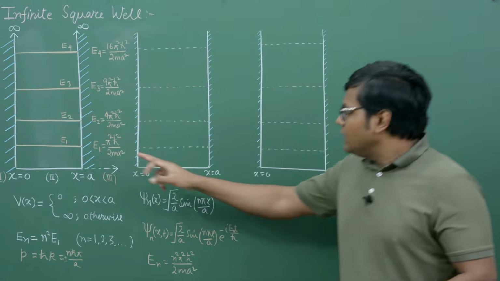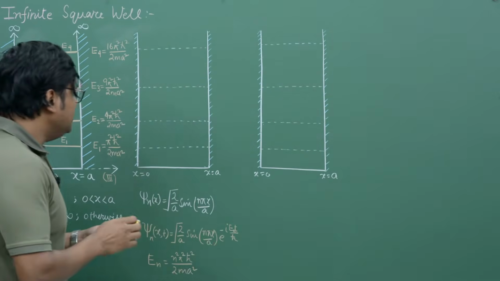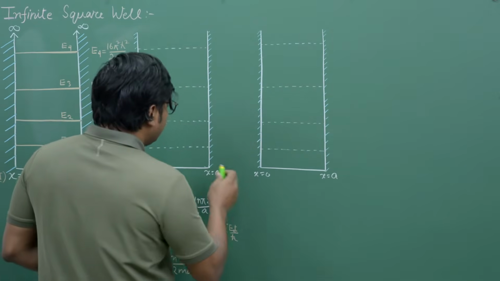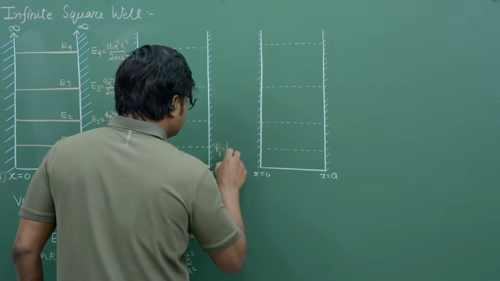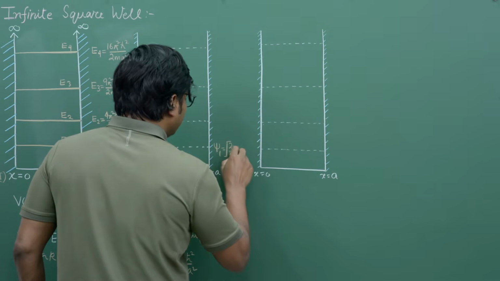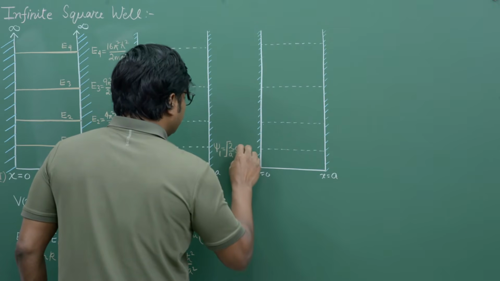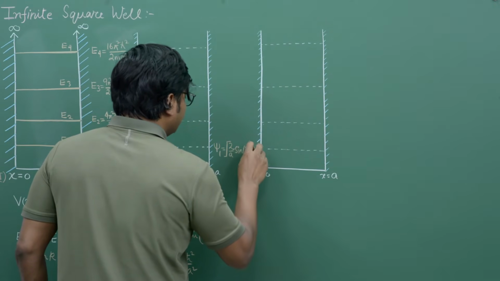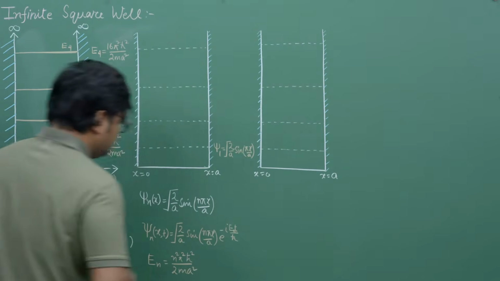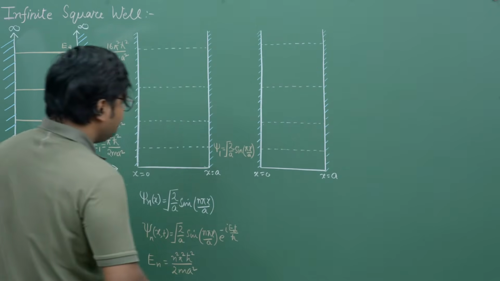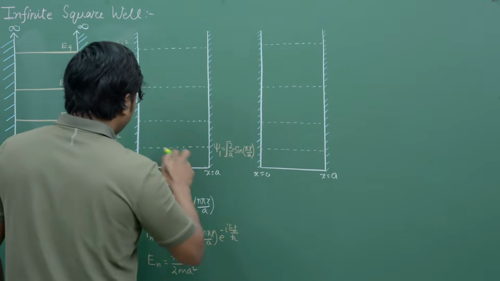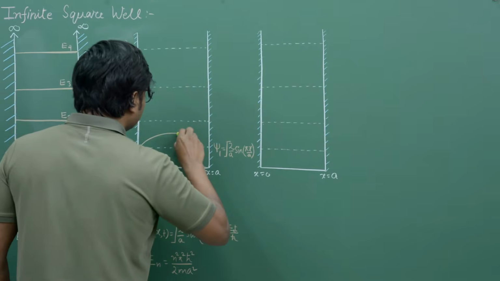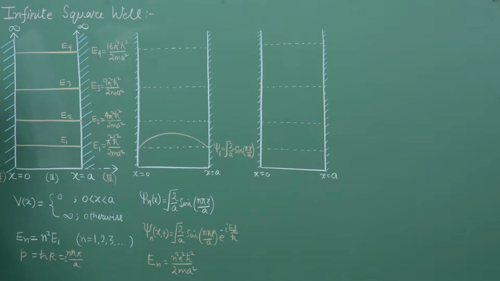So for a particle existing in energy level E1, it will have an eigenfunction psi 1, which is root over 2 upon a sine pi x upon a, right? n is equal to 1 in this case. So how does it look? Well, a wave function like that between x is equal to 0 and x is equal to a will look something like this. Half of a sine wave essentially.